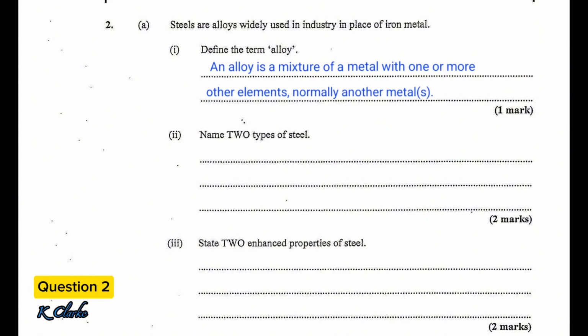Part 2. Name 2 types of steel: stainless steel, carbon steel, tool steel, alloy steel. So there you go, 4 types of steel instead of 2. Part 3.